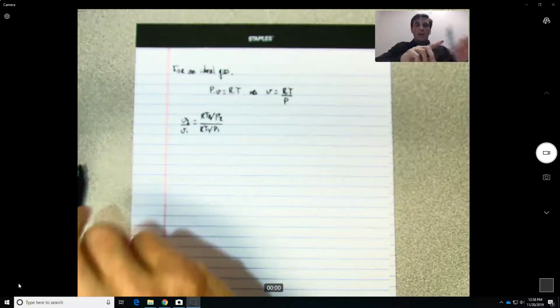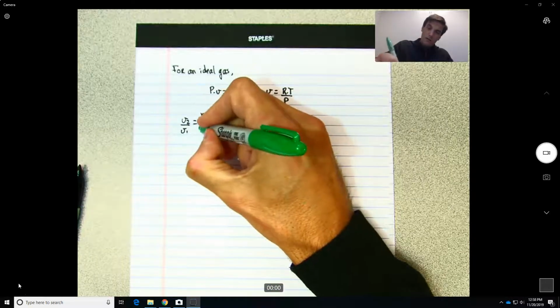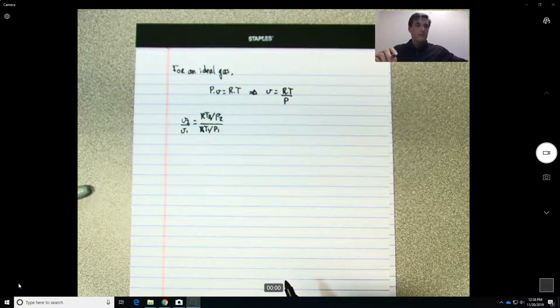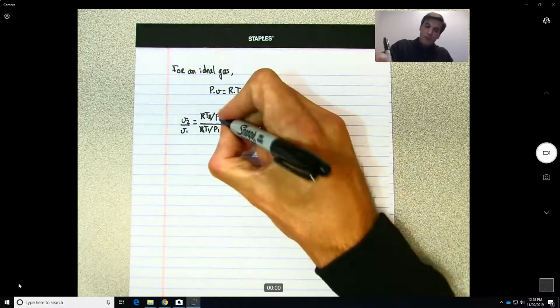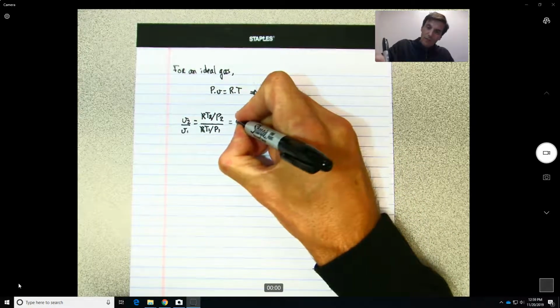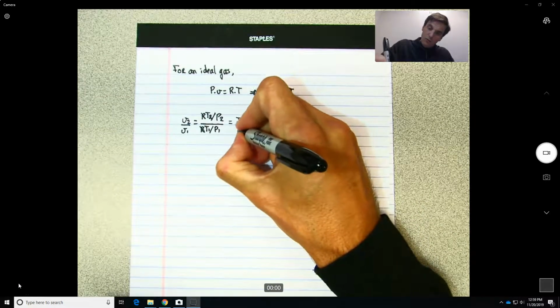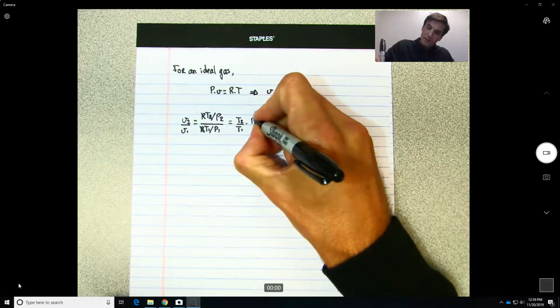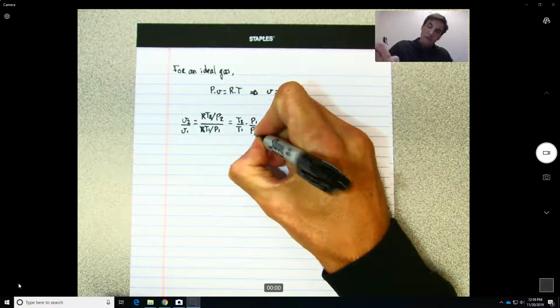So the R would cancel, and we are left with T2 over T1 times P1 over P2.